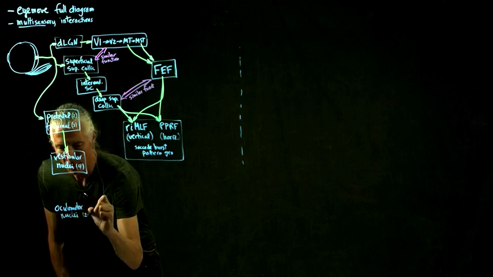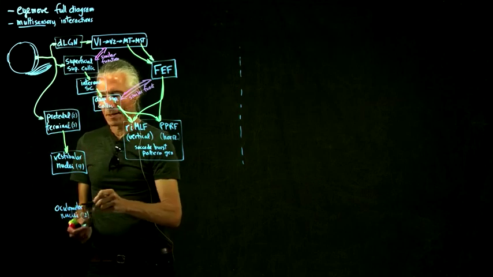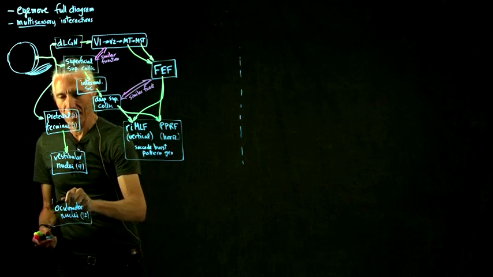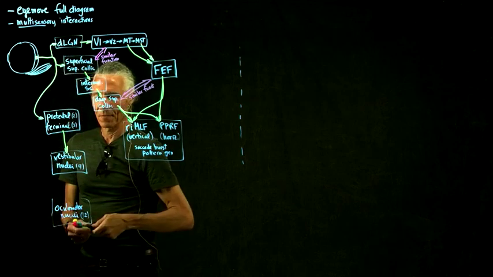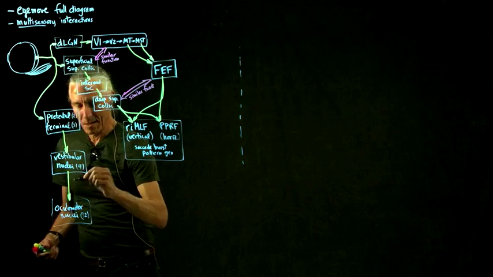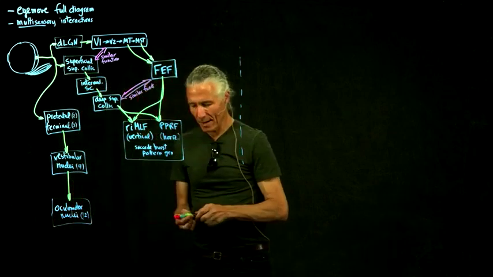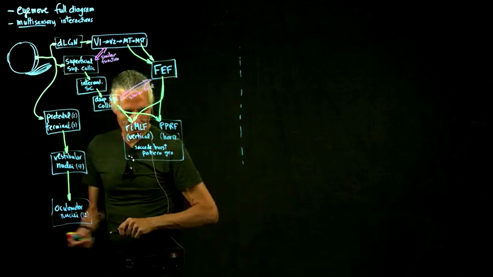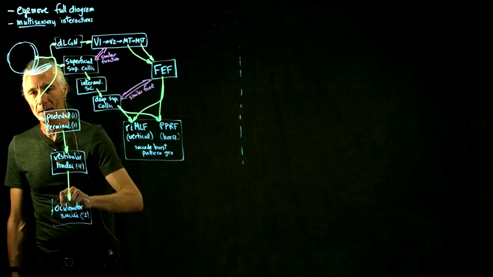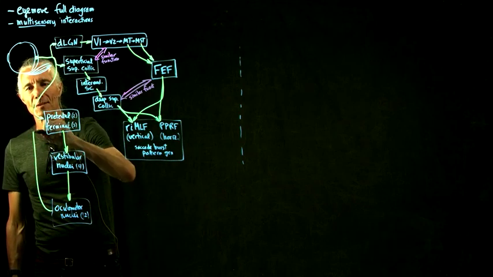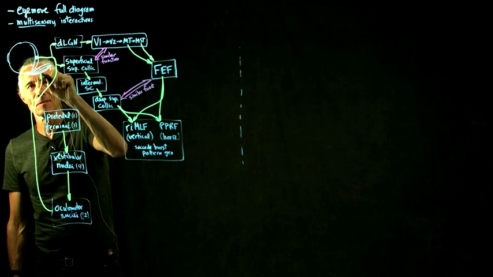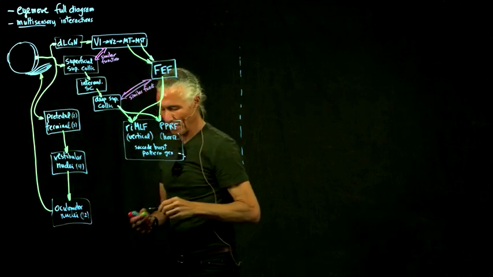There were 12 of those, 6 for each eye. Then the oculomotor nuclei go back out to the eye muscle to actually move the eye.